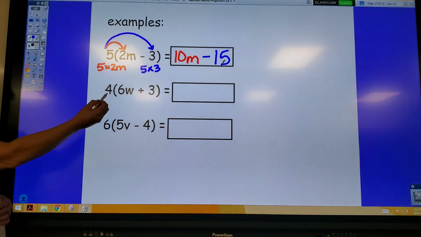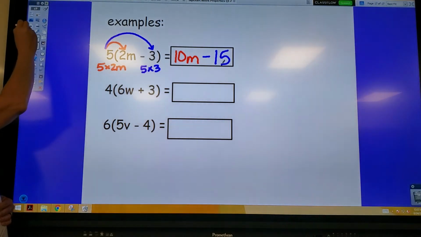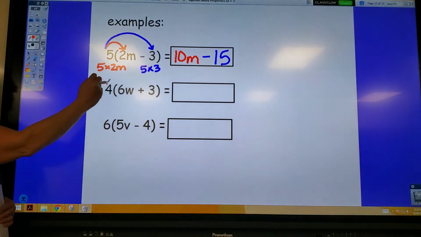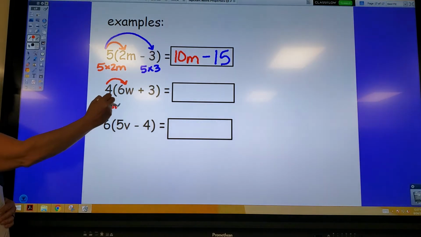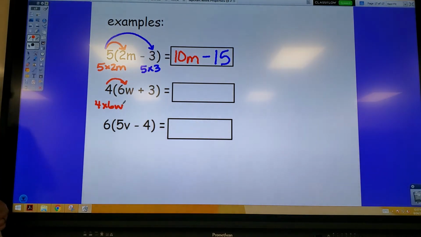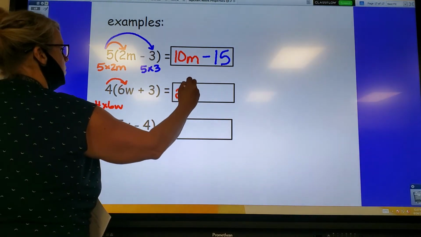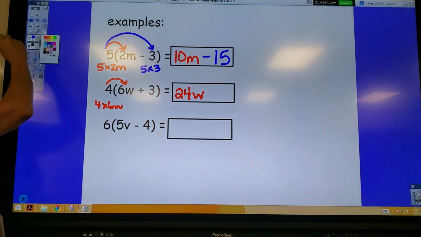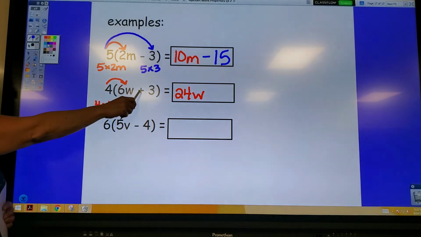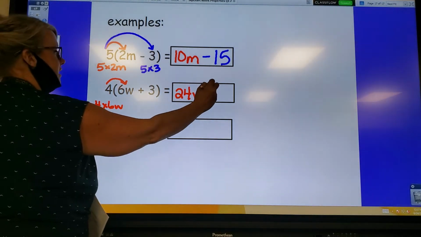All right, let's try this second example. 4 parentheses 6w plus 3. So we're going to do 4 times 6w. What's 4 times 6w? 24w. Do you think I should use a subtraction or addition sign? Addition. There's a plus sign there, so I want a plus sign here.